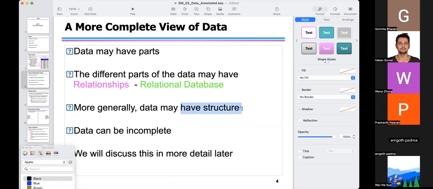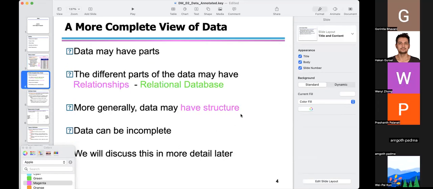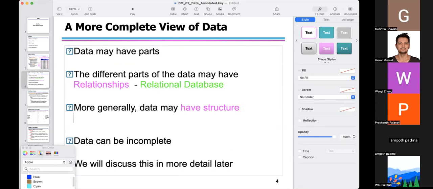So this is also called a structured data because it has rows and columns and it's structured. Because we could have an unstructured data as well, which means it is not in a form of a table.